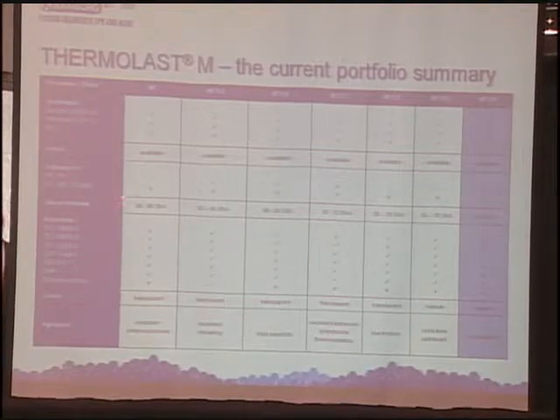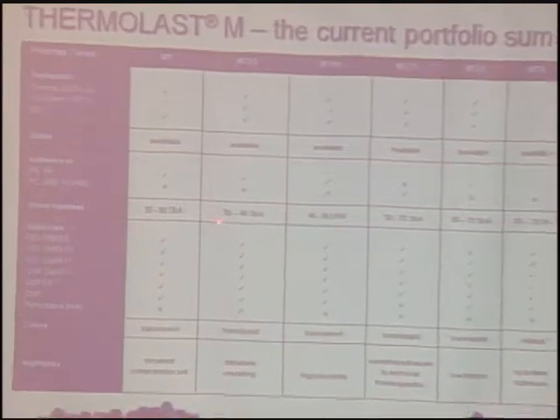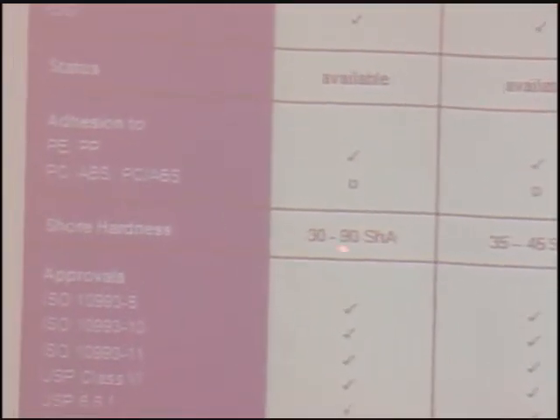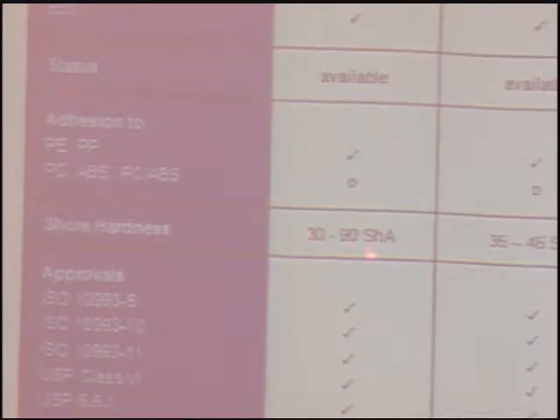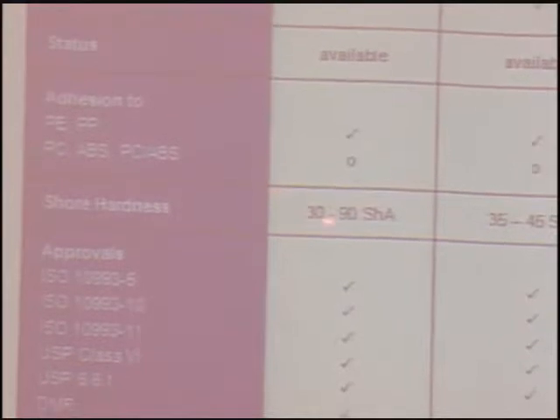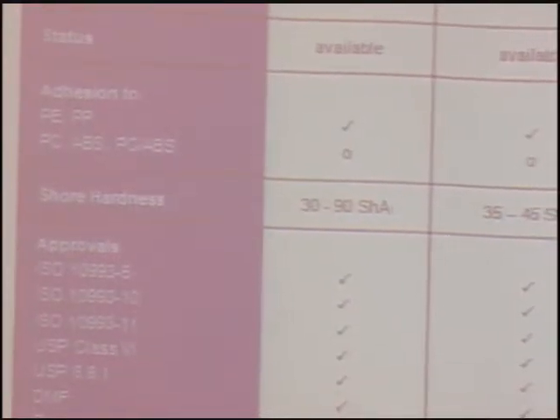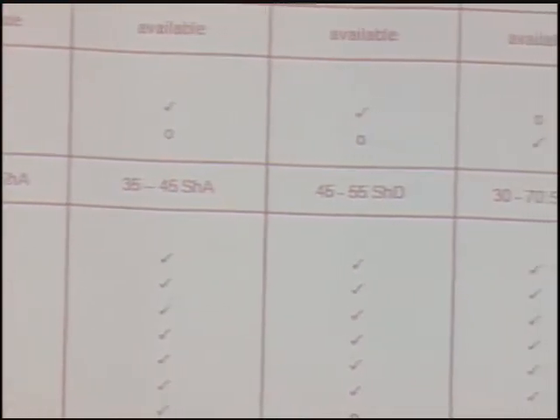Because one desirable feature of TPE is the softness, we offer a wide range of durometer for the materials. In the general medical series, we have durometer from 30 to 90 Shore A. In different series, we have different durometer ranges tailored for different applications.